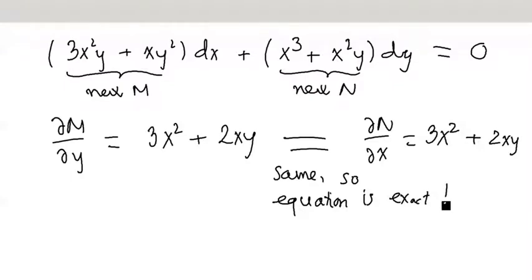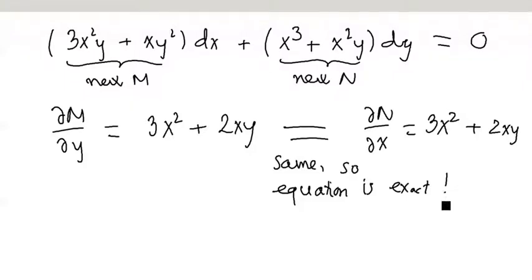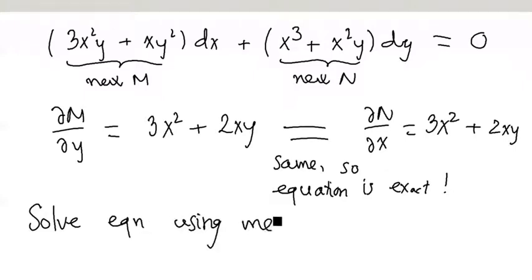So you see that at the beginning the equation was not exact, but after we have found the integrating factor and multiplied the equation by the integrating factor, the new equation is exact, and now we can solve the equation using the method that we learned in the previous topic.